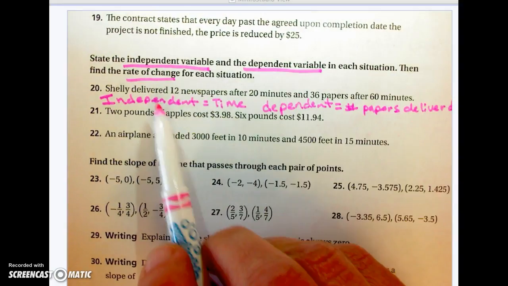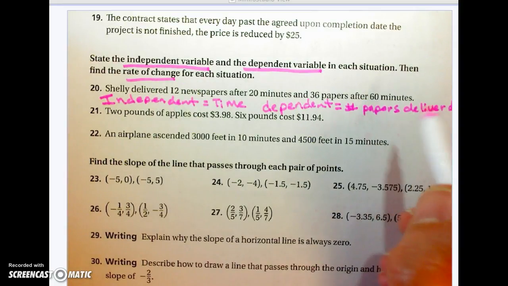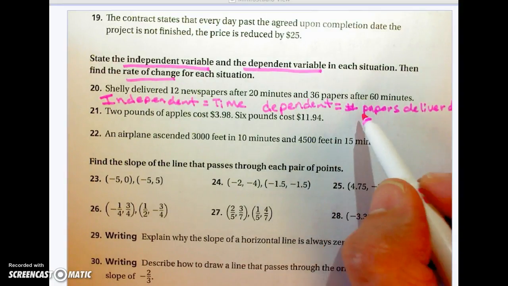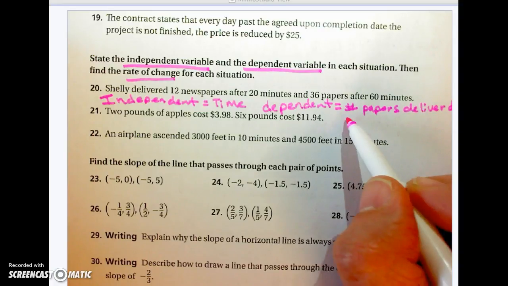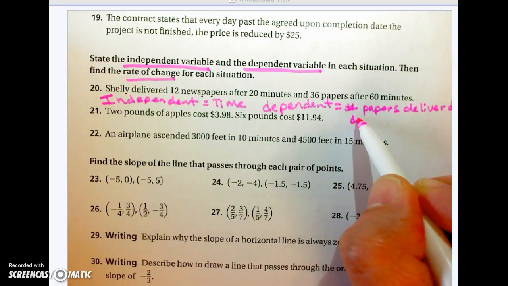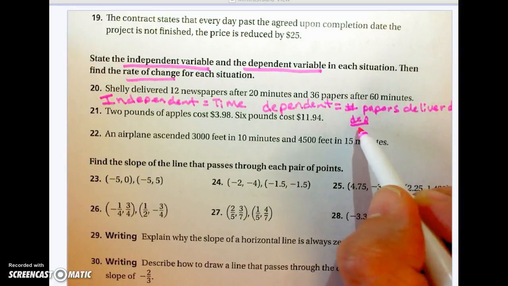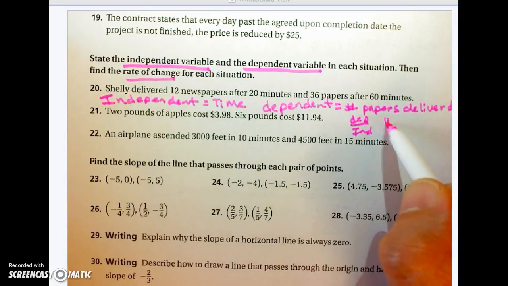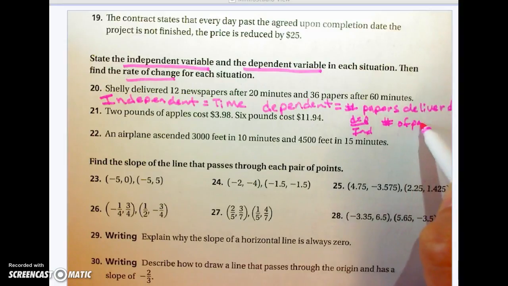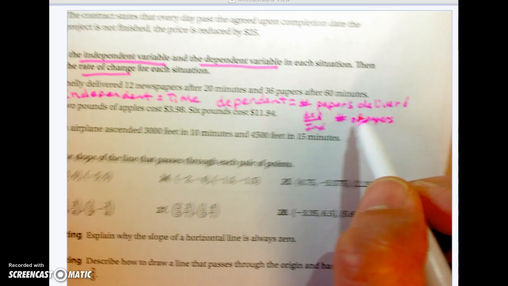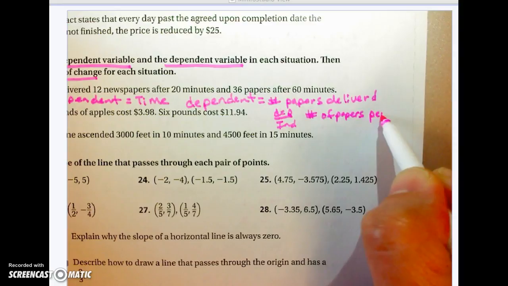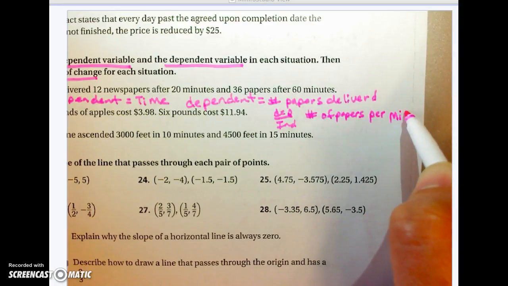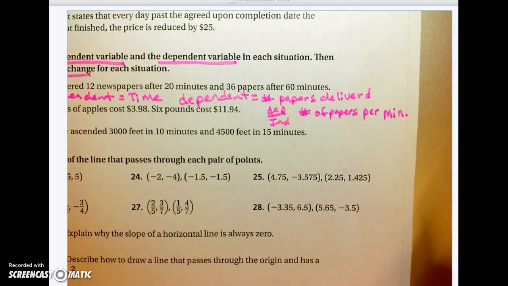And then the rate of change. So we take our dependent and we say per independent. So it's the number of papers per minute. That's our rate of change.